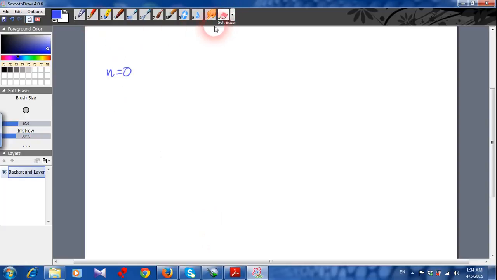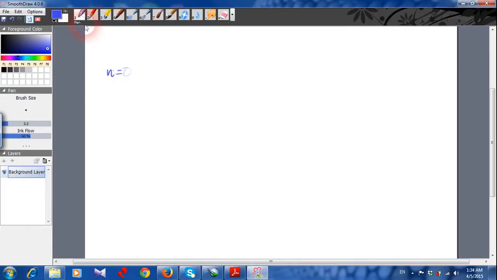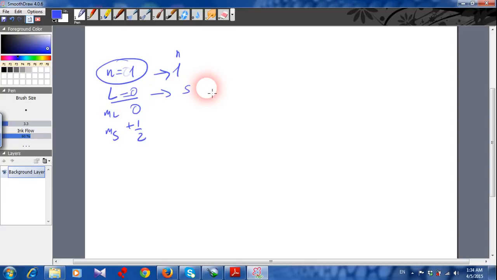Here n is 1, this energy level is 1. l is 0, so we have s orbital. ml is 0, so there is no orientation of s orbital.